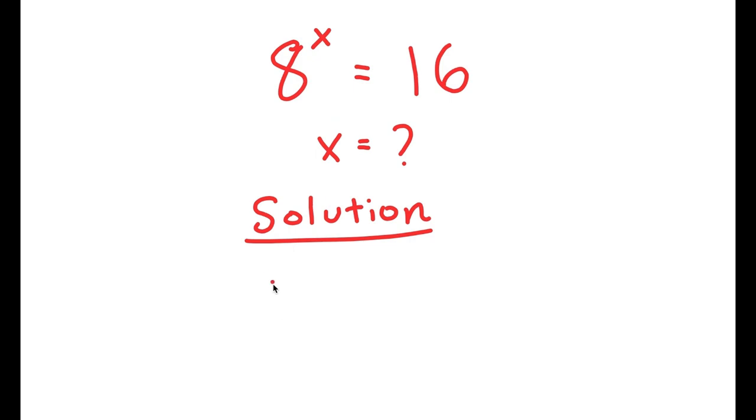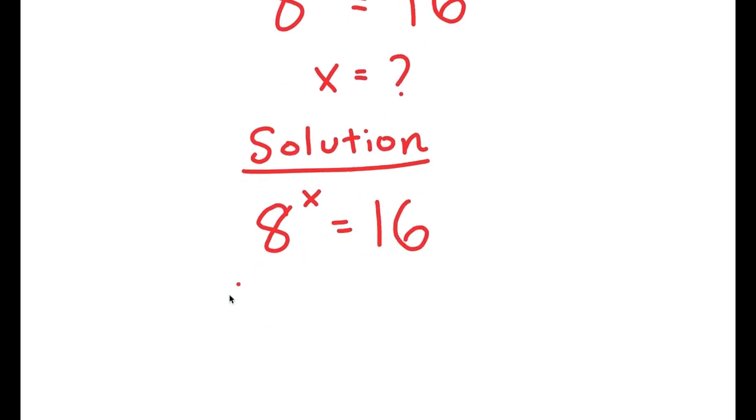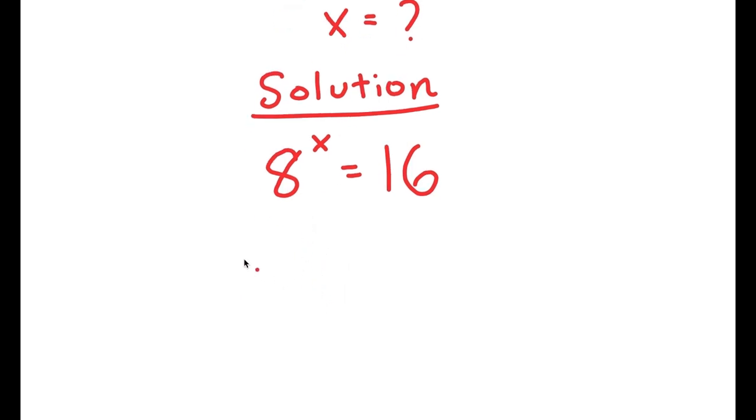So my equation is 8 to the power of x is equal to 16. Now, before we start doing anything, let's just inspect this problem real quick. So if I plug in x equals 1 into this equation, I get 8 to the power of 1 is equal to 16, which is the same thing as 8 equals 16, which is false, right?